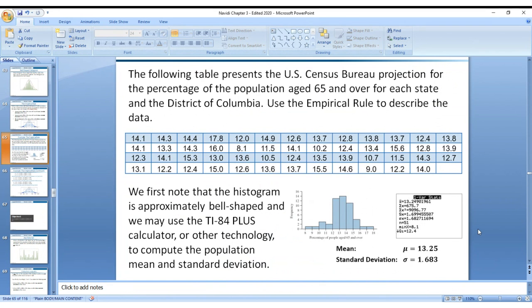But the only things that we need here are the mean and the standard deviation. So the mean is 13.25. The standard deviation is 1.683. Now what we're going to do is find the percentage of those 51 values that are between.